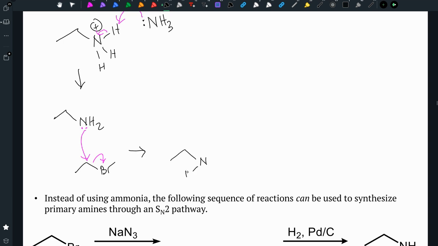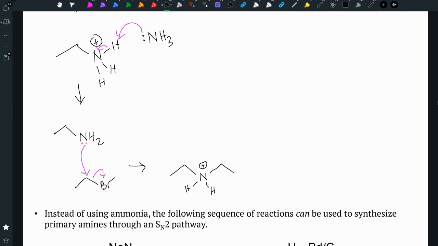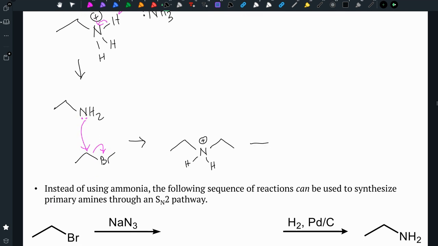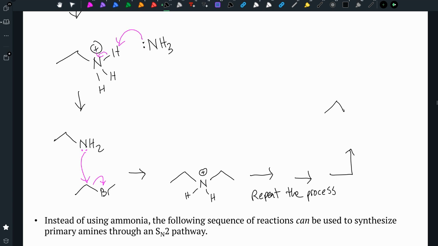Now I've got nitrogen bonded to two ethyl groups from my alkyl halide. I can repeat that process a couple more times until I'm left with nitrogen with 3 of my alkyl groups. That can go ahead and do one more SN2.